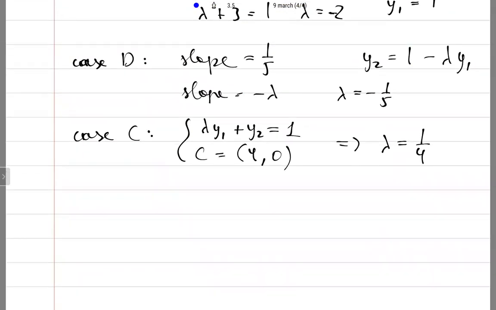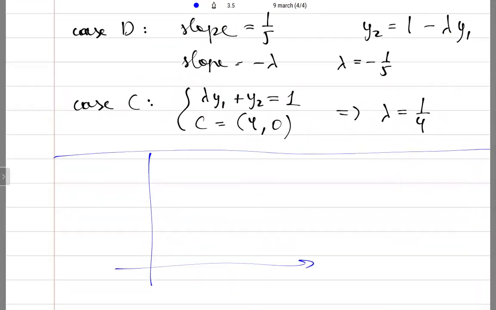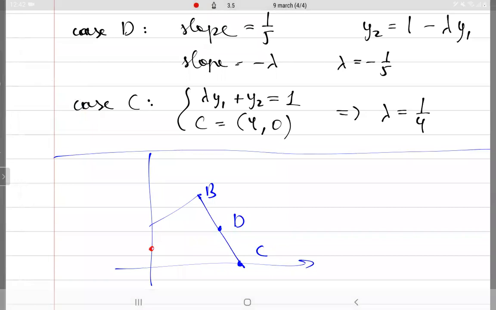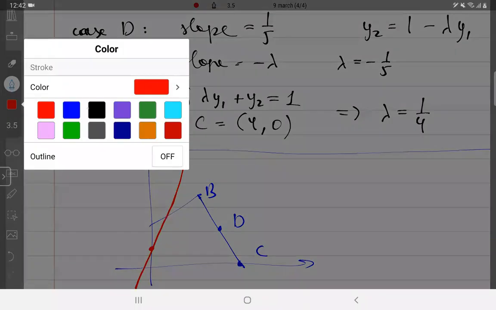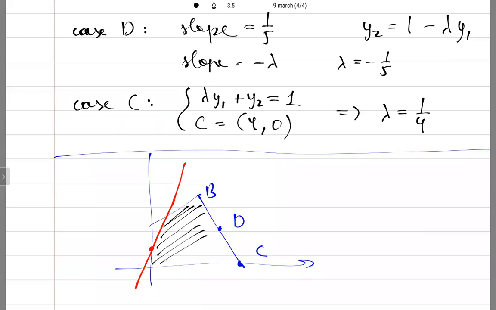So I have a plot like that. This is B, D, C, and my red line is before B. So the possible region is like this.